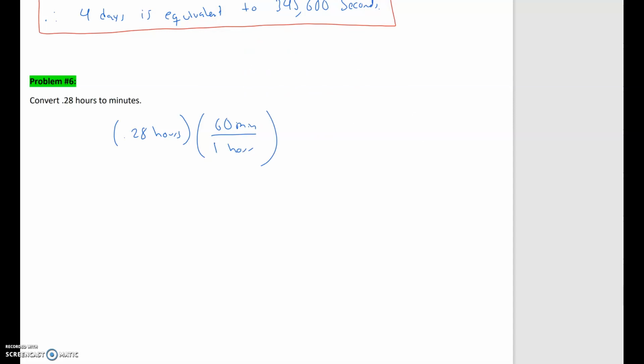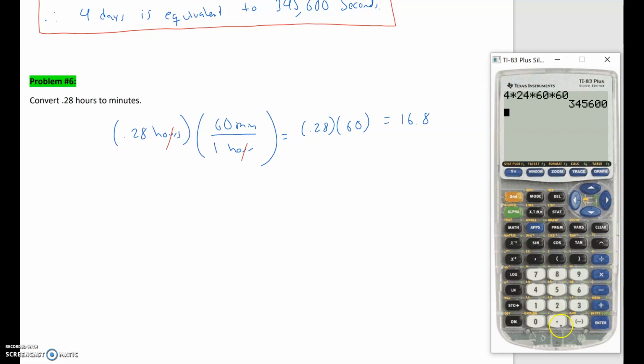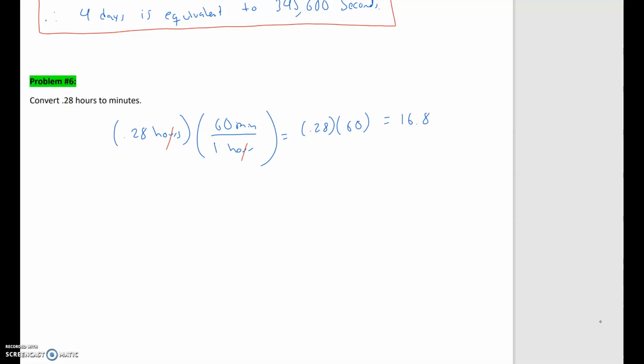Within the cancellation, hours cancel, and we're simply left with 0.28 times 60. Let me double check it. So it'll be 0.28 times 60. Okay, 16.8, and this will be minutes.